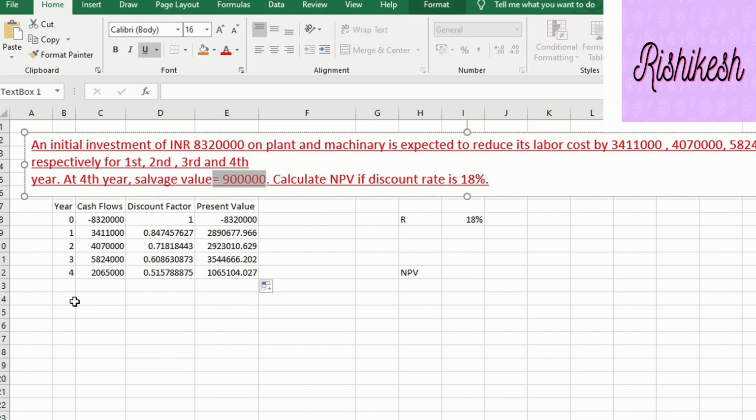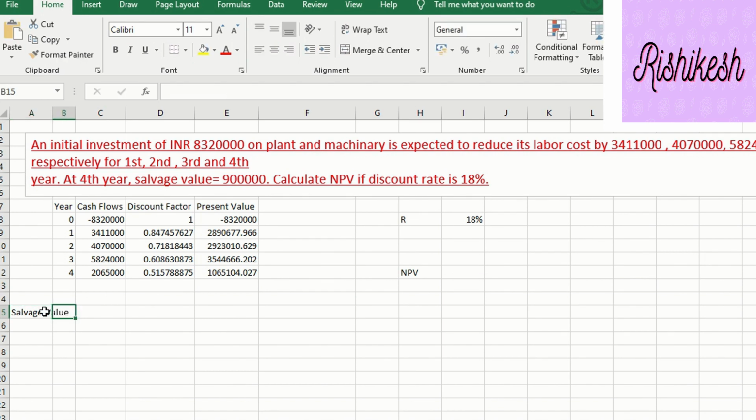So salvage value, we'll look at it separately. If you see the salvage value, it's going to occur in year 4, and if you are selling it, obviously you are going to get cash, so it's going to be a cash inflow of 9 lakh, and your discount factor will be equal to this much itself.